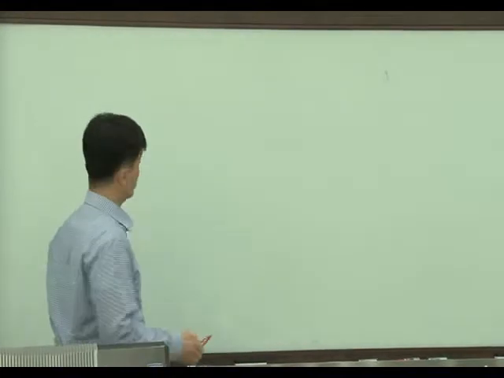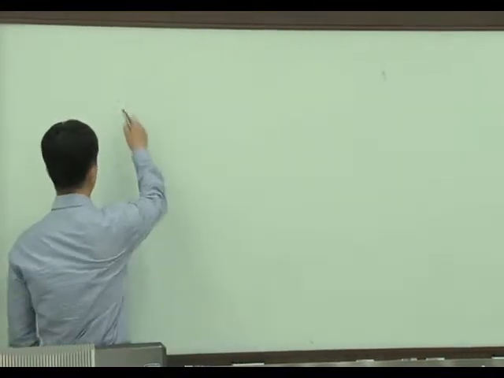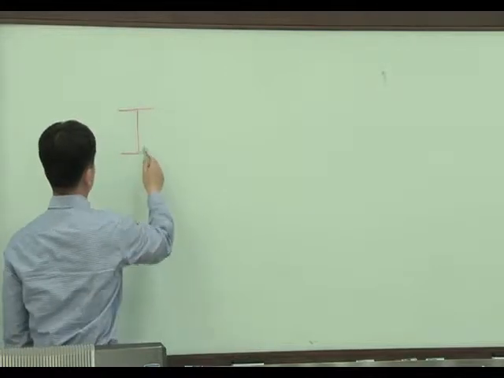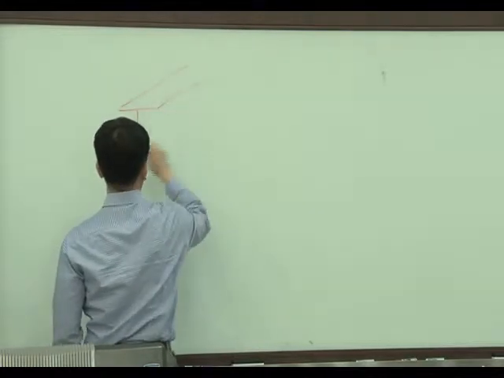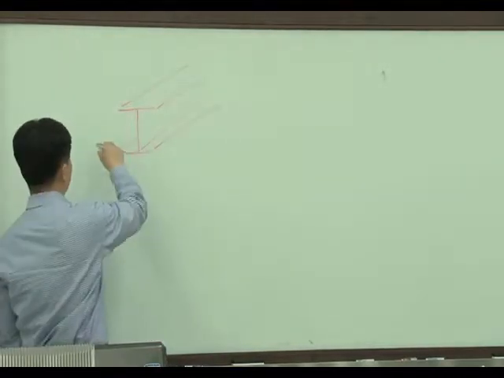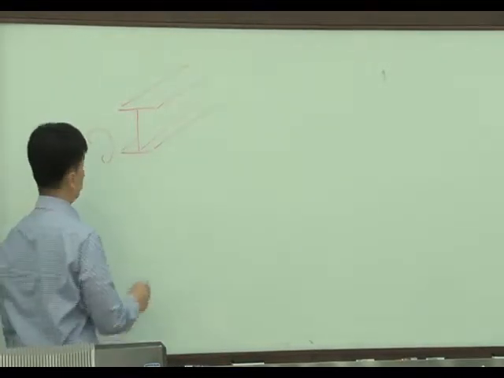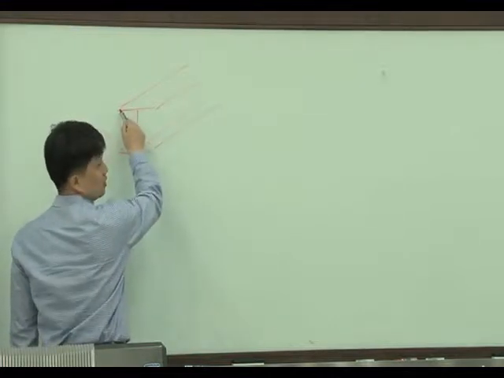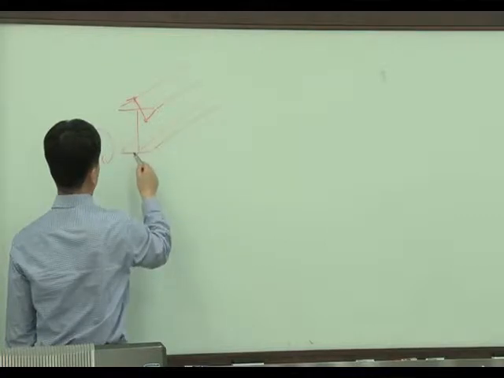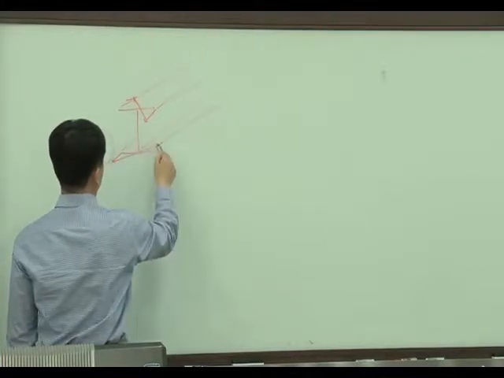So, for example, this is an I section beam. It looks like that, right? If we twist this, what happens? This part goes back, this part goes forward. This kind of warping will happen.